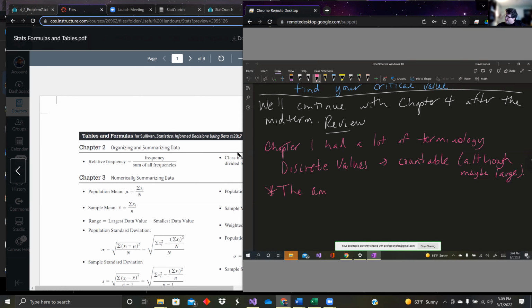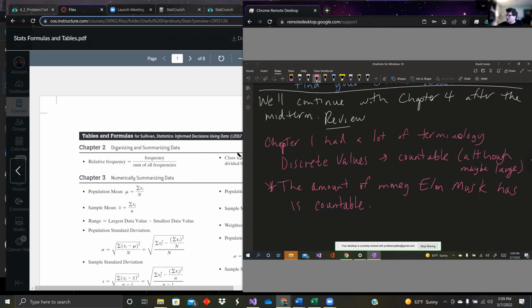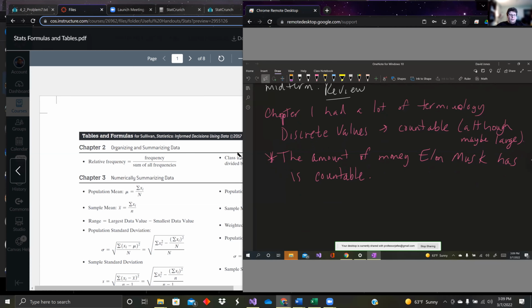That is technically countable. In fact, his bank keeps track of it quite well. It adds and subtracts to it as necessary.